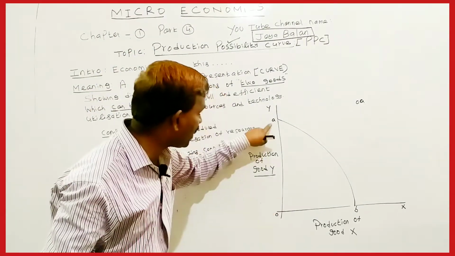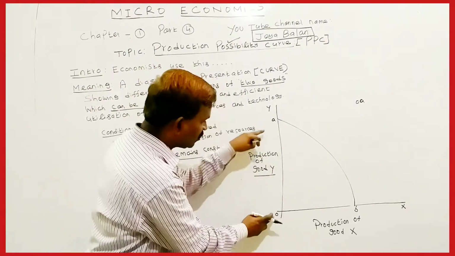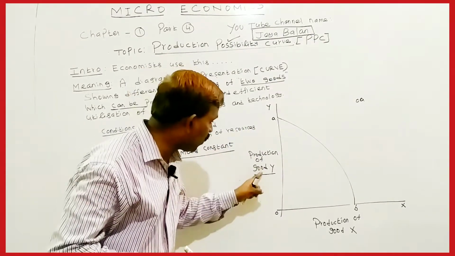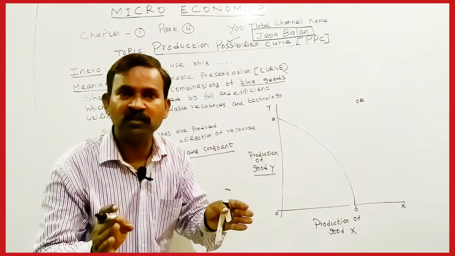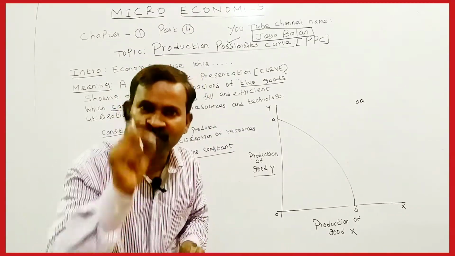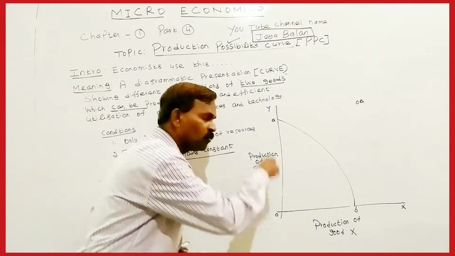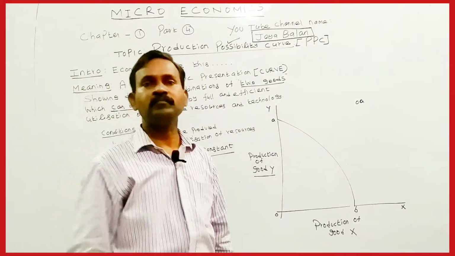It is OA. So I have not written the numbers. OA is the quantity of good Y that can be produced by an economy if all the resources are used in the production of only good Y.